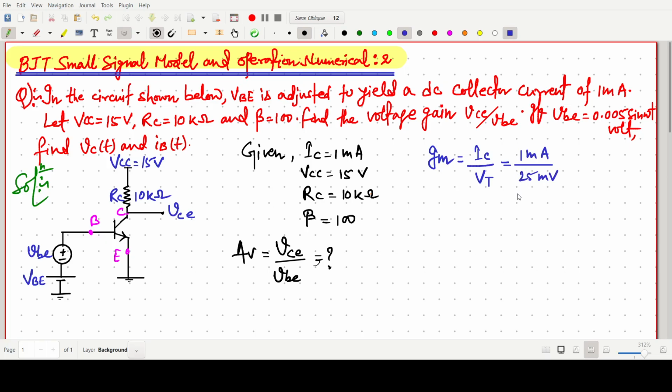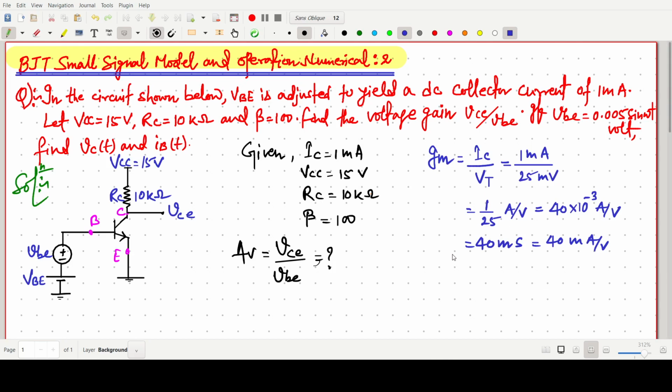So we can simply write 1 by 25 ampere per volt, or if you write it in terms of 40 into 10 to the minus 3 ampere per volt, or better to write simply 40 millisiemens, or 40 milliampere per volt.